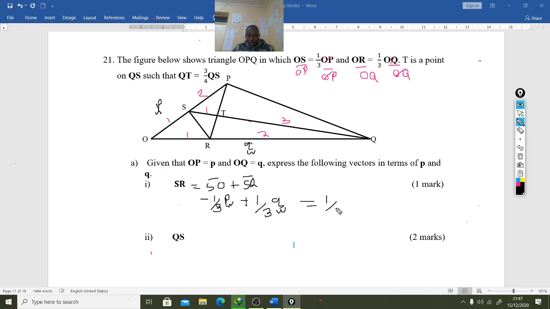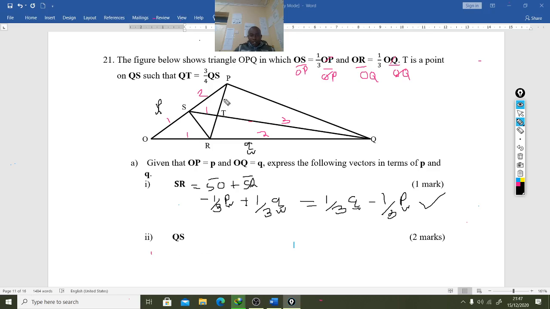Even if you leave it this way, it's correct. So that is how you want to do it.